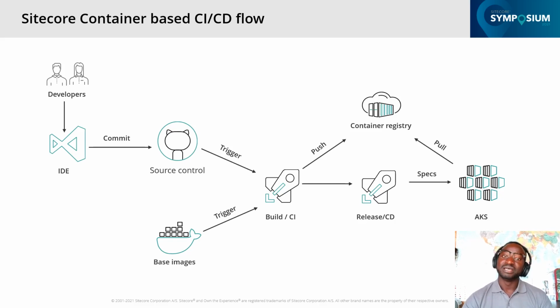Of course, a Sitecore deployment isn't complete without a push of the Sitecore content changes. Once the specs have been deployed, the content is then also pushed to the SYM instance and published as usual.